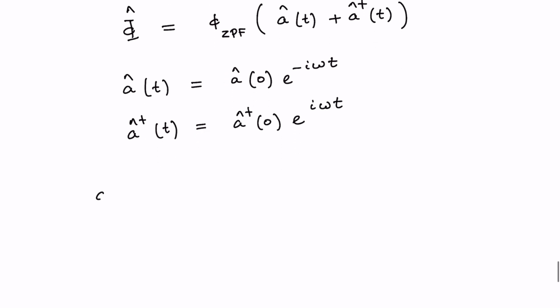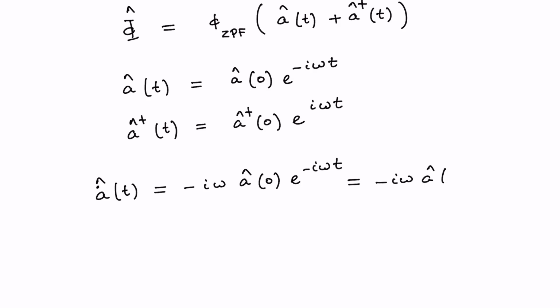So you can immediately get that A dot of t is going to be equal to minus i omega A of 0 e to the power minus i omega t, and we can simply write it as minus i omega A of t.